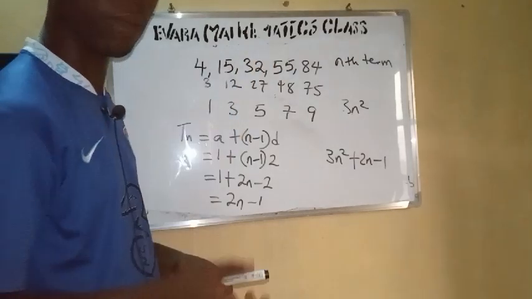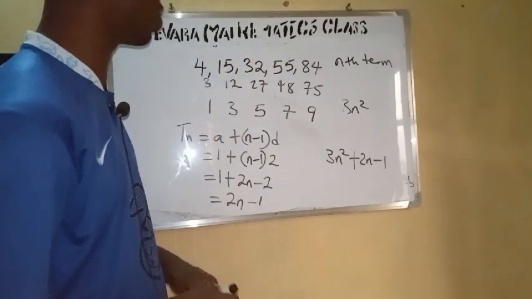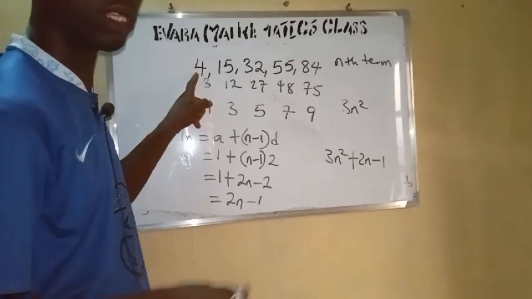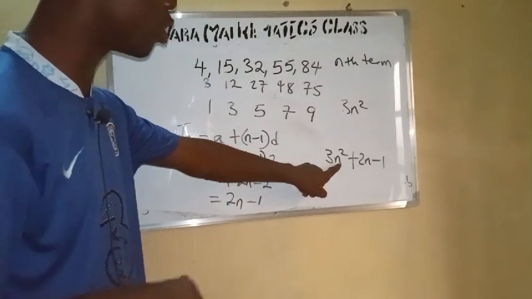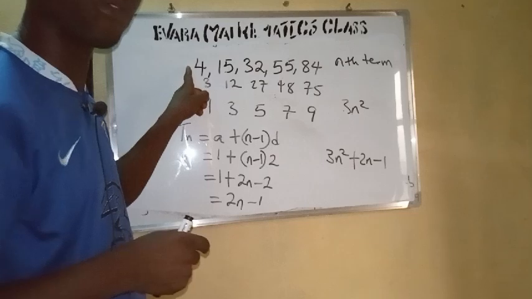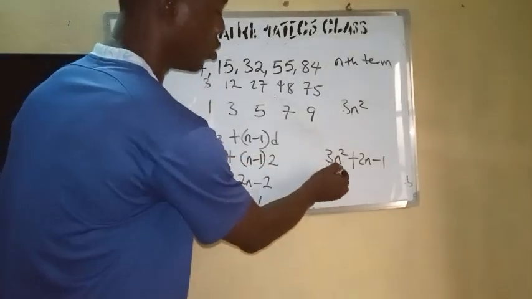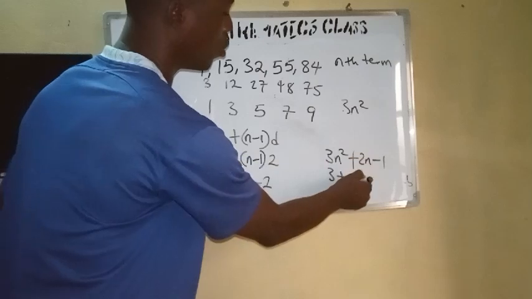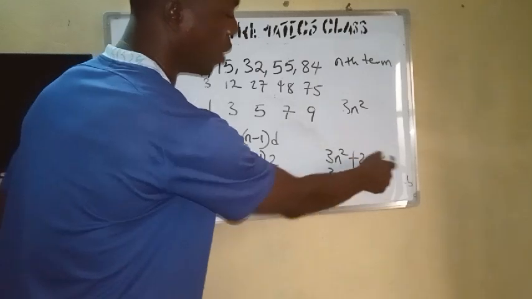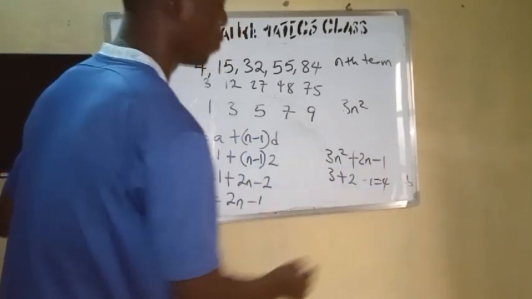To confirm that all you have done is correct, this is the first term, that is n equals 1. If you slot in 1 here, we are supposed to have 4. 1 squared is 1 times 3, 3. 2 times 1 is 2. 3 plus 2 is 5, minus 1, that is 4.